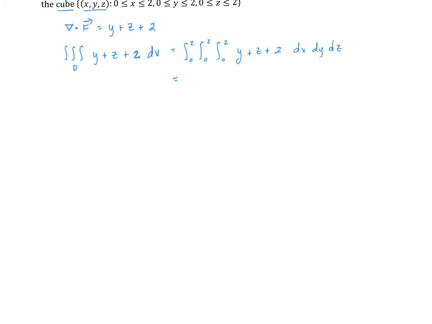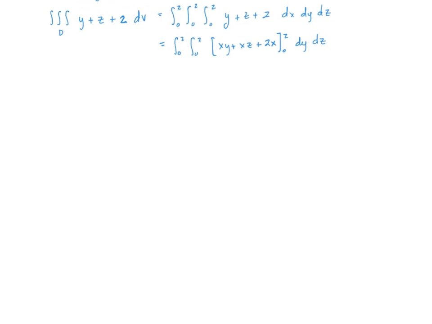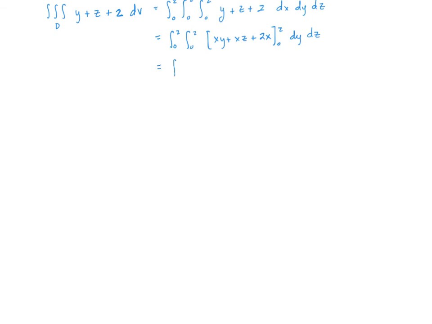So this first inner integral is simply xy plus xz plus 2x evaluated from 0 to 2. 2y, 2z, and 4 should be my integrand.